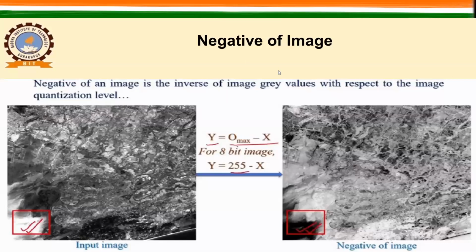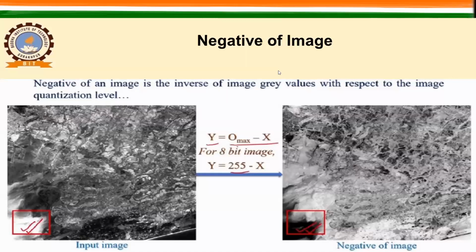So the negative of an image is the inverse of the image gray values with respect to the image quantization level. But if we talk about radiometric resolution, then it is different and the O max value will be different. Here you can see the difference. In the original image, this particular area was brighter, but now you have a darker portion.